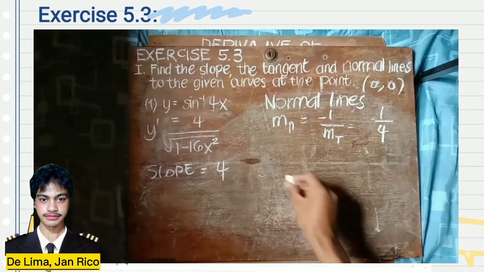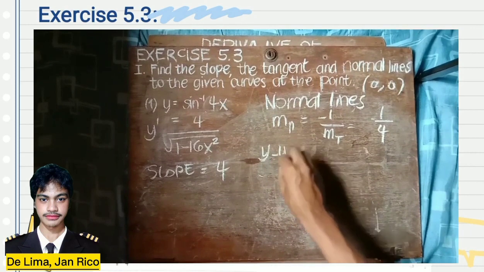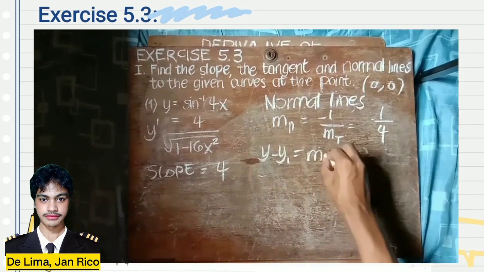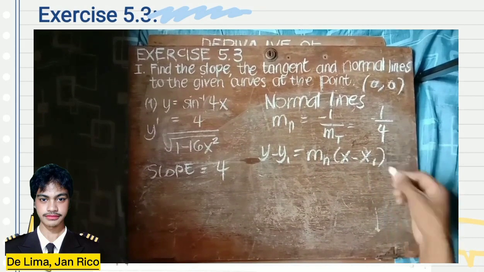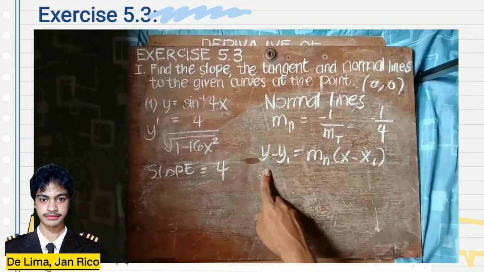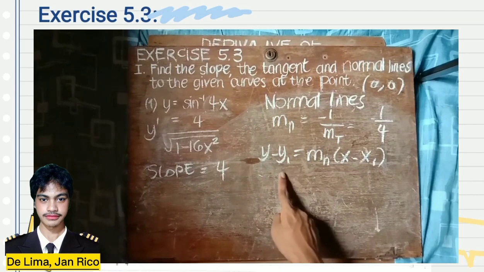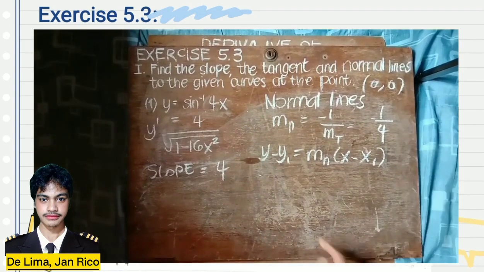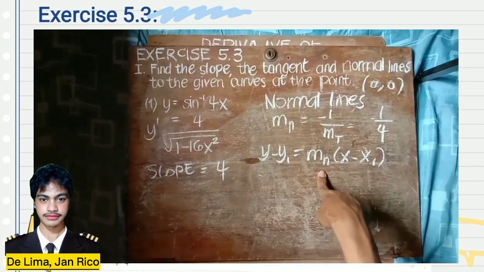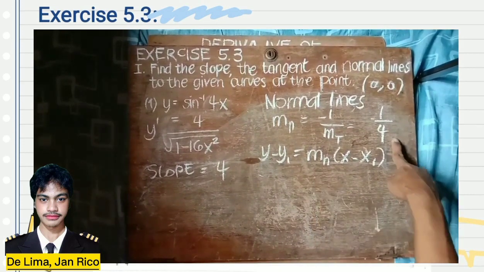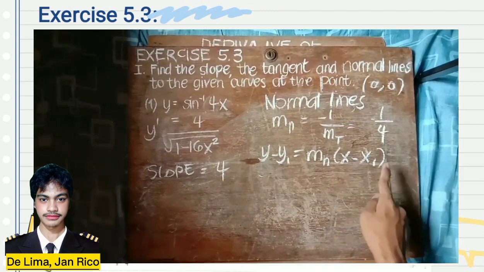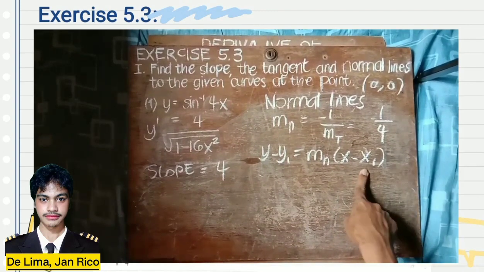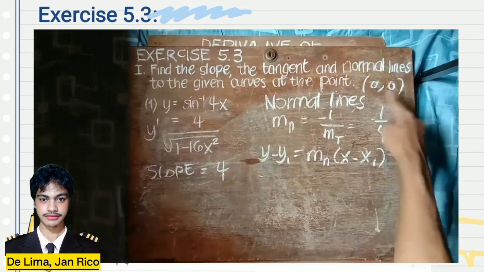Then, we will use the formula y minus y sub 1 is equals to m sub n times x minus x sub 1. Wala tayong value for y, so magiging y na lang siya. And ang value naman natin for y sub 1 is equals to 0. Ang value naman natin for m sub n is equals to negative 1/4. And wala naman tayong value for x, so x na lang siya. And lastly, ang value naman natin for x sub 1 is equals to 0.